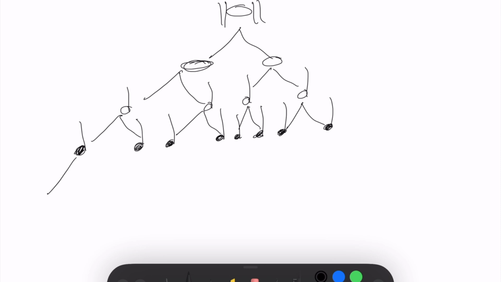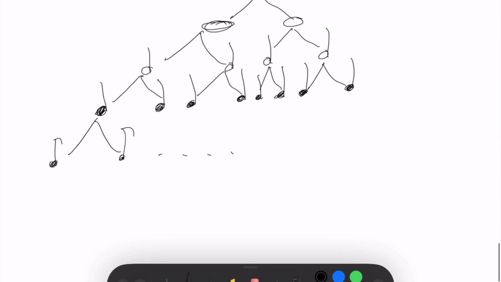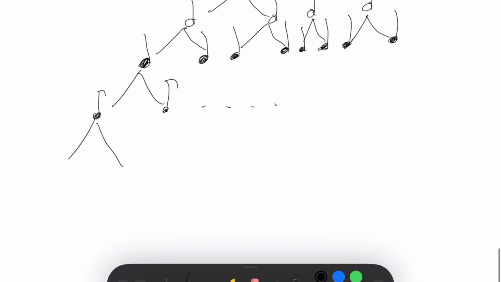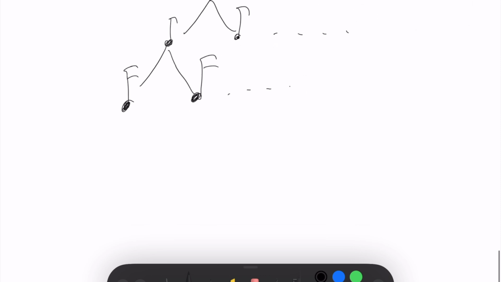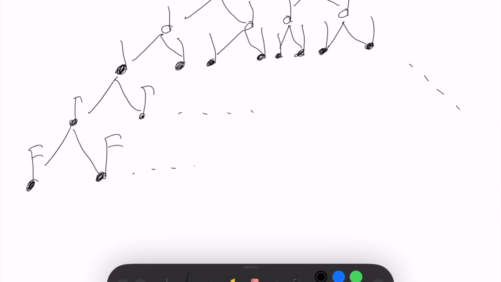This will make 2 quavers, and so on. And this will make 2 semiquavers, and so on and so forth. And the tree keeps growing.